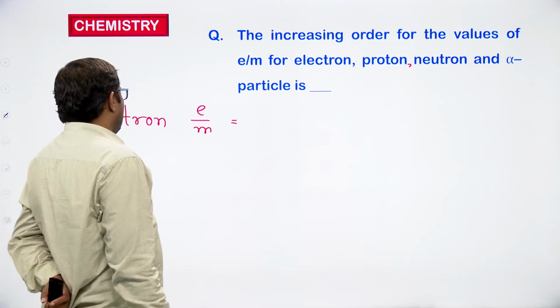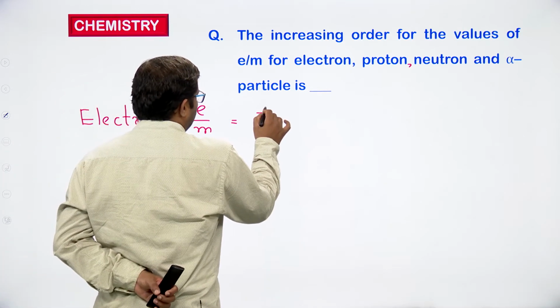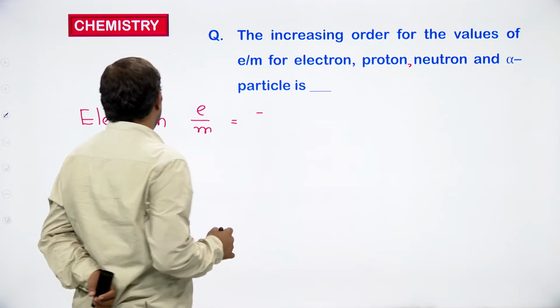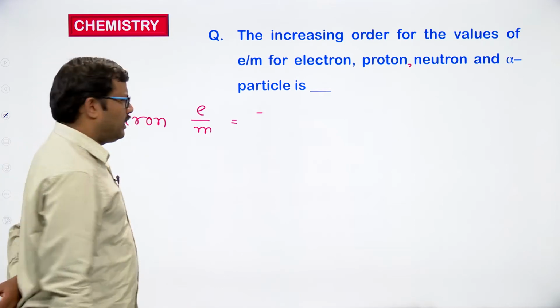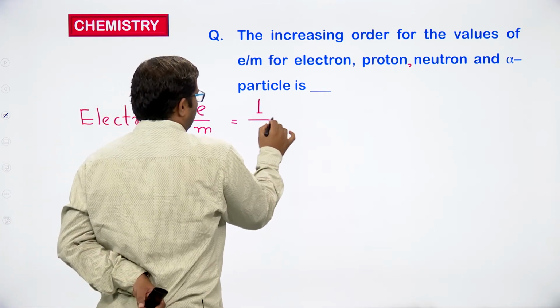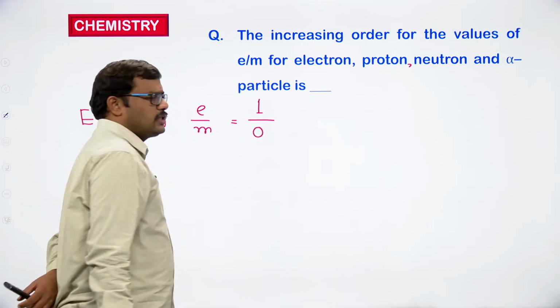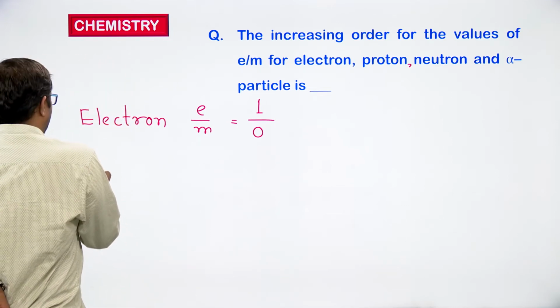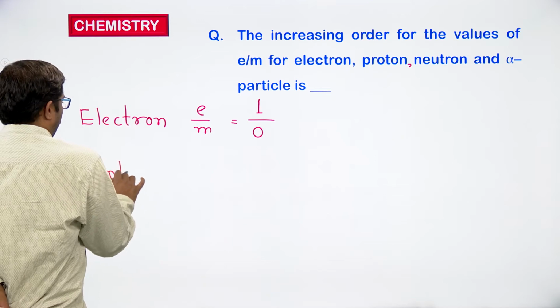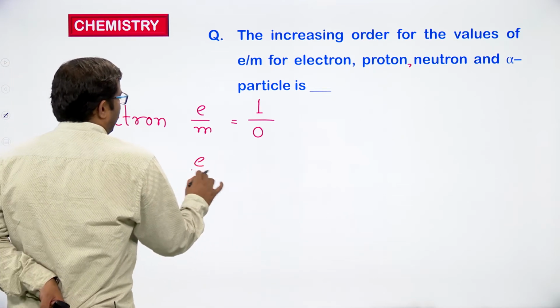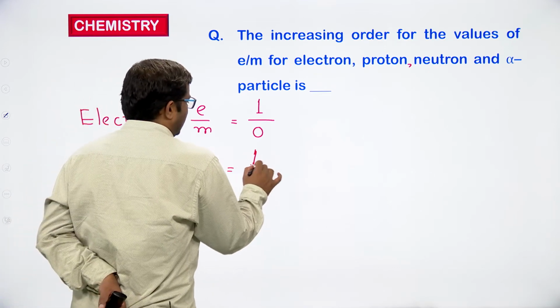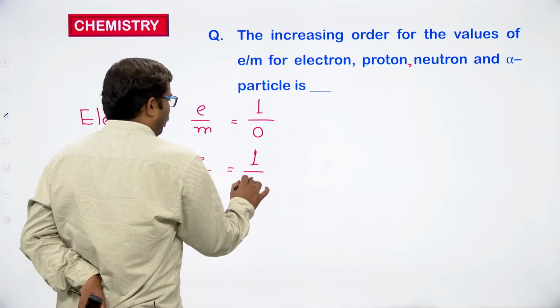In the case of electron, charge is taken as 1, and mass is generally taken as approximately 0. For proton, the E by M value is given as charge plus 1, and mass approximately 1 u.